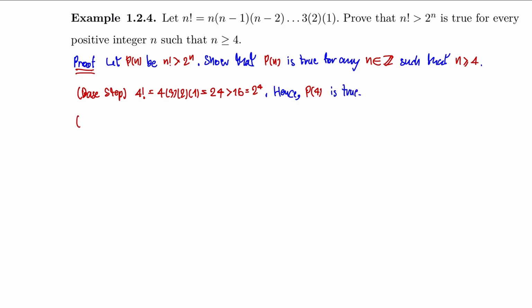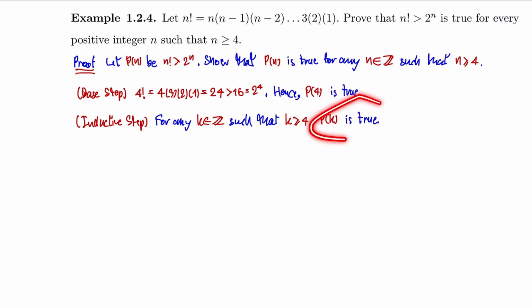Next, let's take a look at the inductive step. How do we do this inductive step? When it comes to the inductive step, we have to assume this. For any positive integer k such that k is greater than or equal to 4, we have to assume that P of k is true.